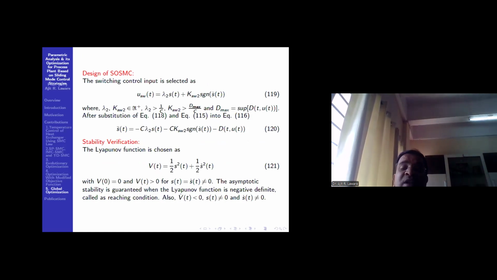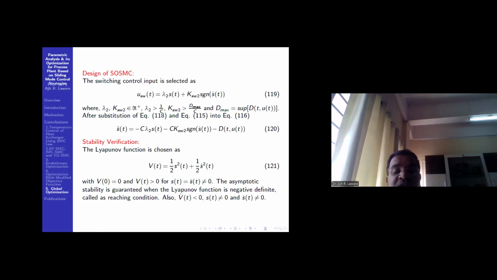Then this is the switching expression represented by equation 119, and all are positive, and this gain must be greater than the maximum disturbance divided by C, where C is the nominal parameter over there, right?